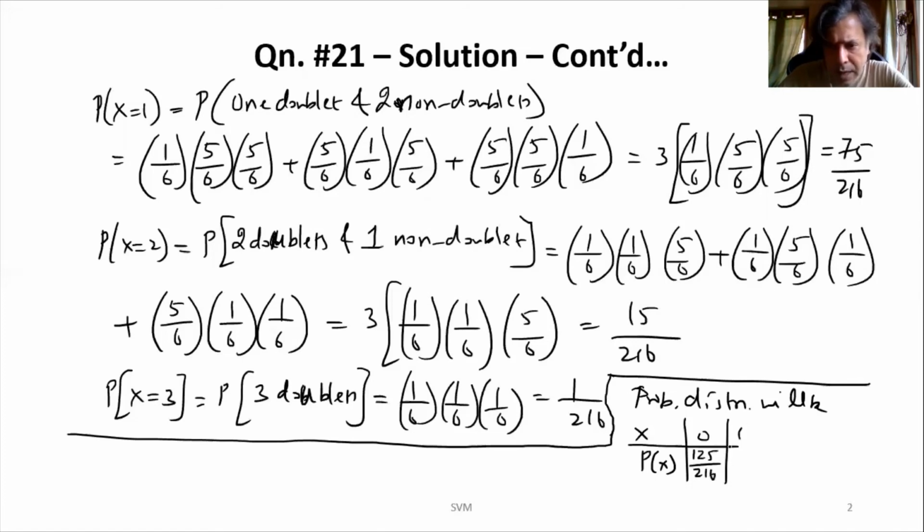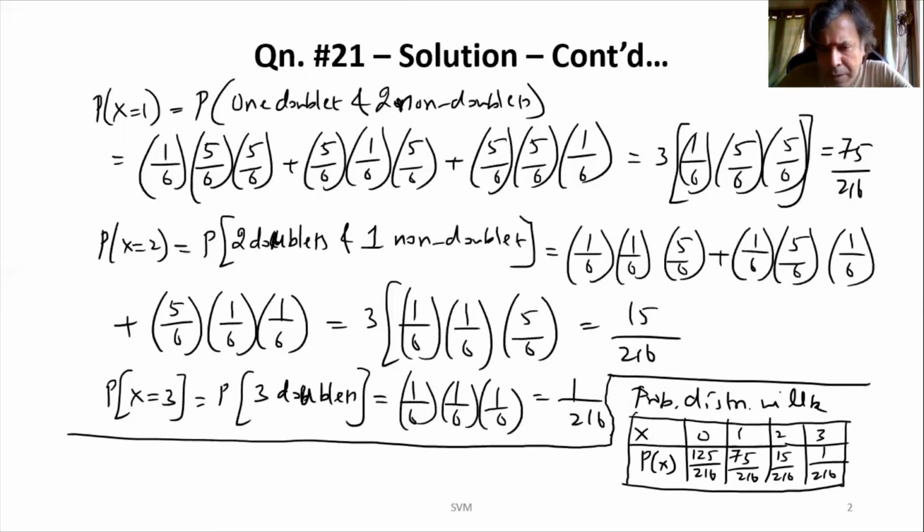Then for 1, we calculated above, it is 75 by 216. Then for 2, it is 15 by 216. Then for 3, it is 1 by 216. You may verify whether the total is 1 or not after adding all the probabilities. Let's see. 125 plus 75 is 200. 200 plus 16 is 216. Yes, you get the sum of all probabilities to be 1.